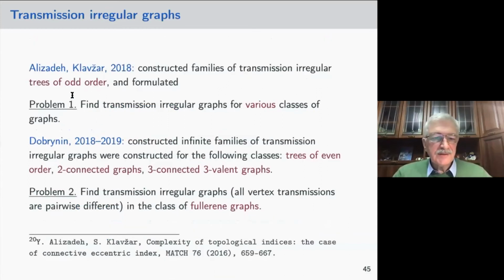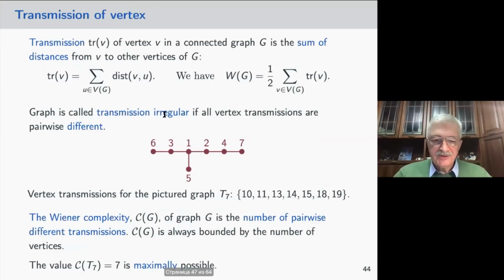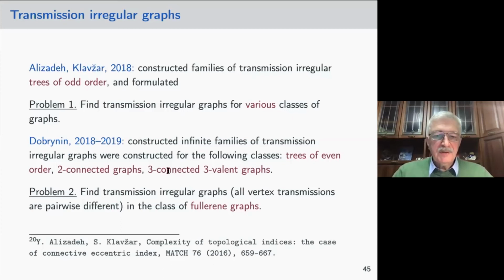And recently, Alizadeh and Klavzar constructed families of trees of odd order with this property, so any vertex can be distinguished by transmission. The previous slide was just an example of a 7-vertex tree, but they found infinite families, and they asked about transmission irregular graphs for various classes of graphs.